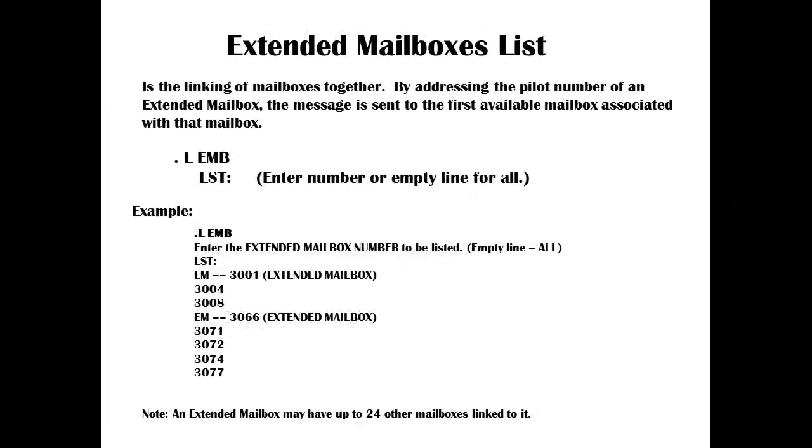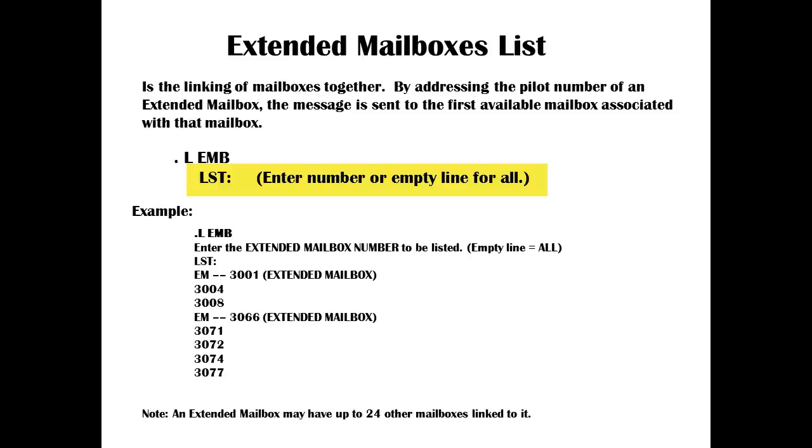The extended mailbox list. These lists will show us the linking of mailboxes together. By addressing the pilot number of an extended mailbox, the message is sent to the first available mailbox associated with that mailbox. We generate this report with the L space EMB command at the update prompt.